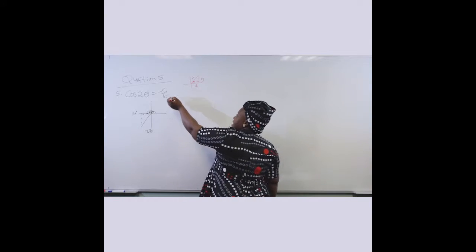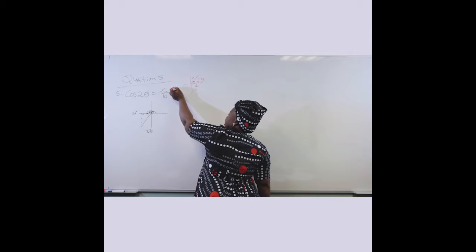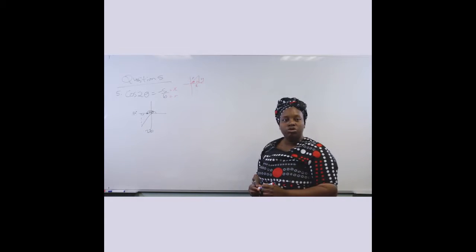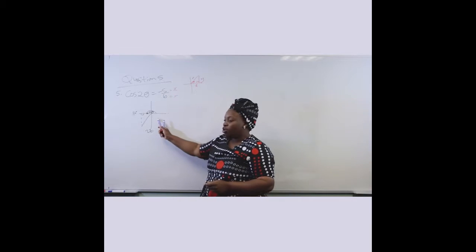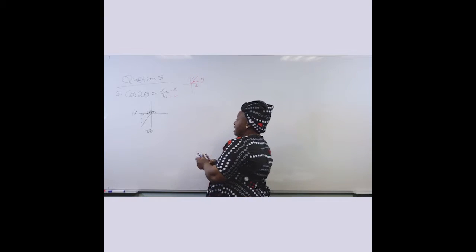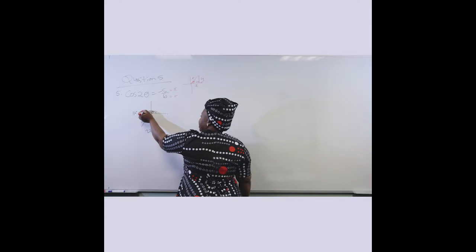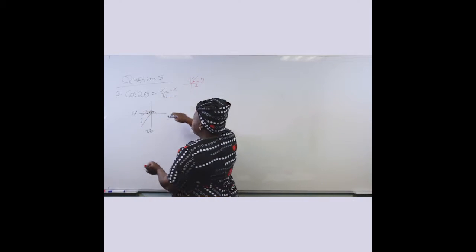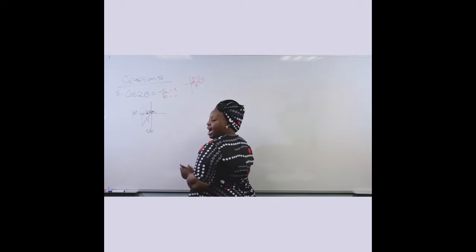That means negative 5 represents your x, while 6 represents your r. So that's what you're going to do on the sketch. You must label them as such. Your negative 5 is on the x-axis because it represents x, and your 6 is the r, which is your hypotenuse.